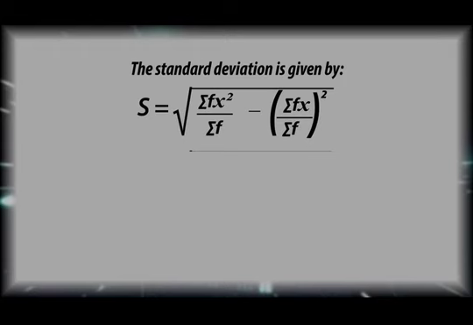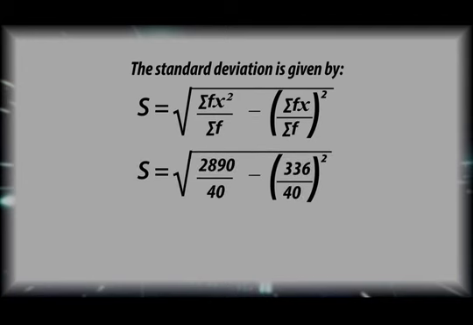So we take the standard deviation formula, and I'm sure you can see the formula. We are going to substitute the values in the appropriate places. So we get our standard deviation to be equal to the square root of 2,890 divided by 40, which is sigma f, minus into brackets 336 divided by 40, all squared.